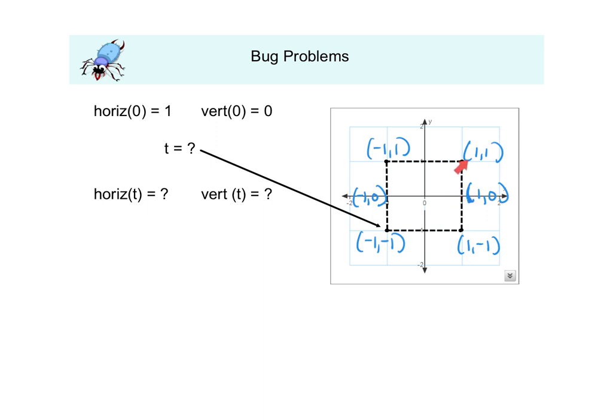So I have 1 second, 2, 3, 4, 5 seconds. Time at that spot is 5. So if I wanted to know h of 5, I would simply say what the x-coordinate is there, negative 1. And v of 5 is the y-coordinate there, negative 1.